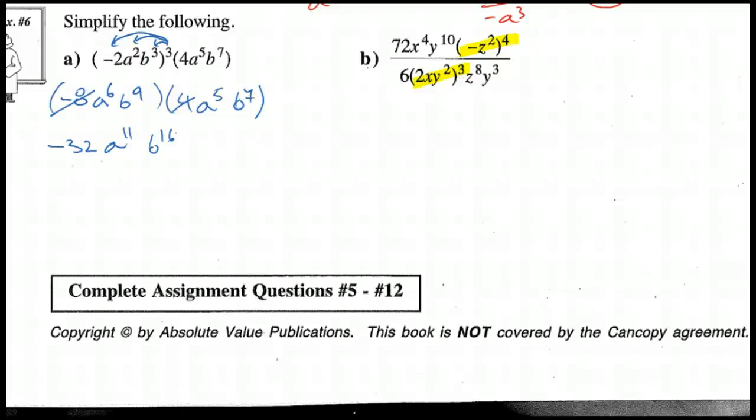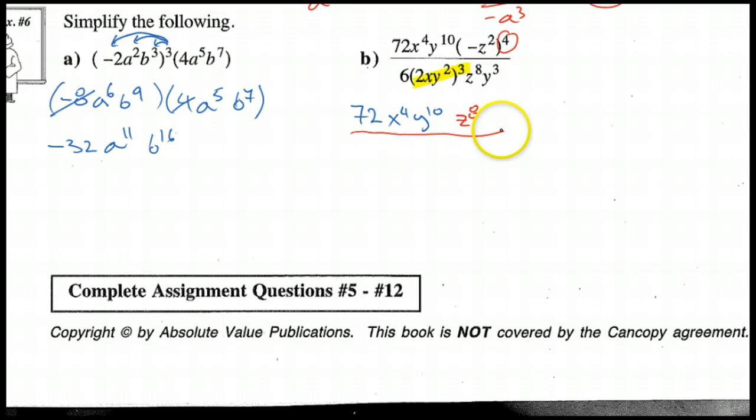So here we go. I'm going to do the stuff outside the bracket in blue. So 72, x to the 4, y to the 10. And now I'm going to simplify this bracket. I have an even exponent, so that negative is going to disappear here. So that's going to be z to the 8.